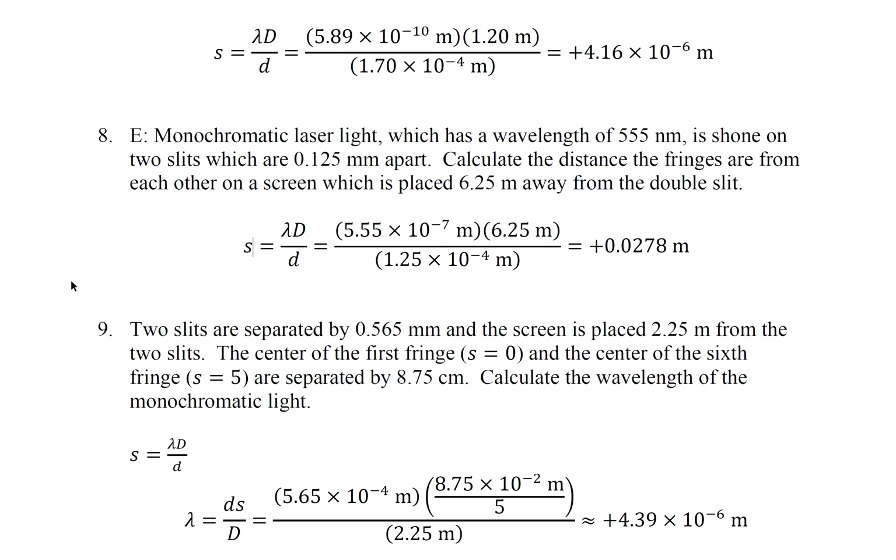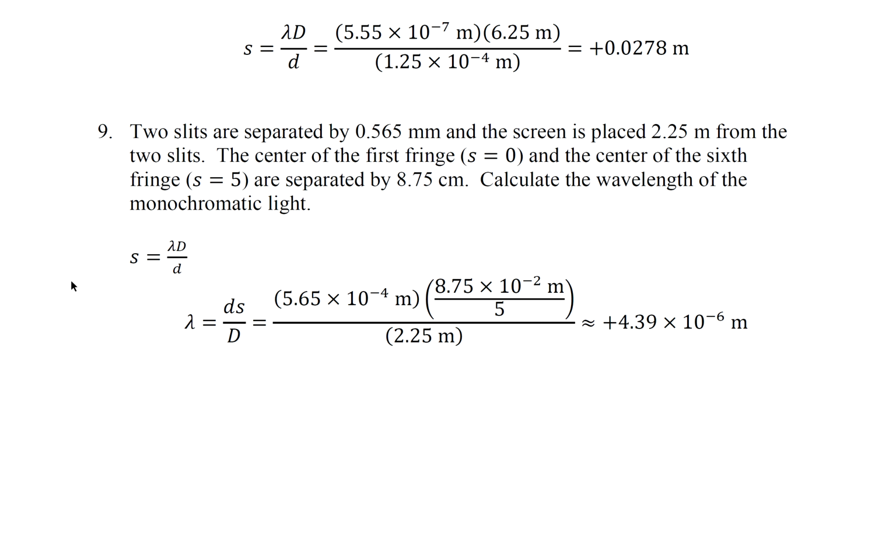to determine little s. Finally, two slits are separated by 0.565 millimeters. So that's little d. And the screen is placed 2.25 meters from the two slits, so that's big D. The center of the first fringe and the center of the sixth fringe is separated by 8.75 centimeters. So see what I did here.